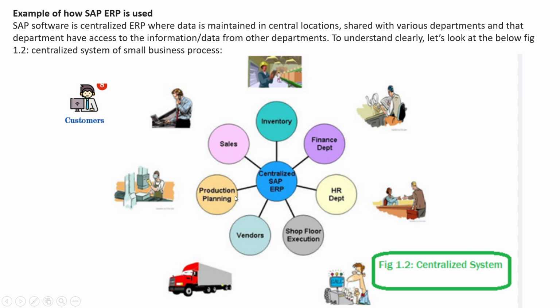And now the production department will start the planning activity. They will check the raw material in inventory, which is updated by the inventory department. And if the raw material is not available in the inventory department, they will purchase the material from the vendor.